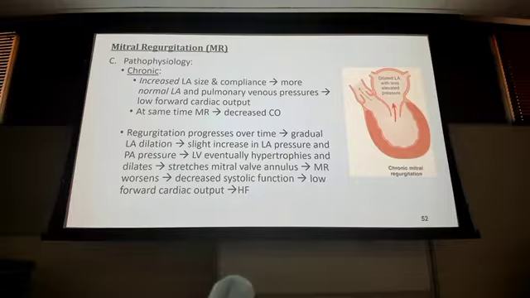So you have much less of a pulmonary congestion concern in chronic mitral regurg, but you have more concern of a cardiac output problem because you have more volume backing up than going out through the aortic valve and into the systemic circulation. So the presentation is going to be different in an acute mitral regurg versus a chronic mitral regurg.